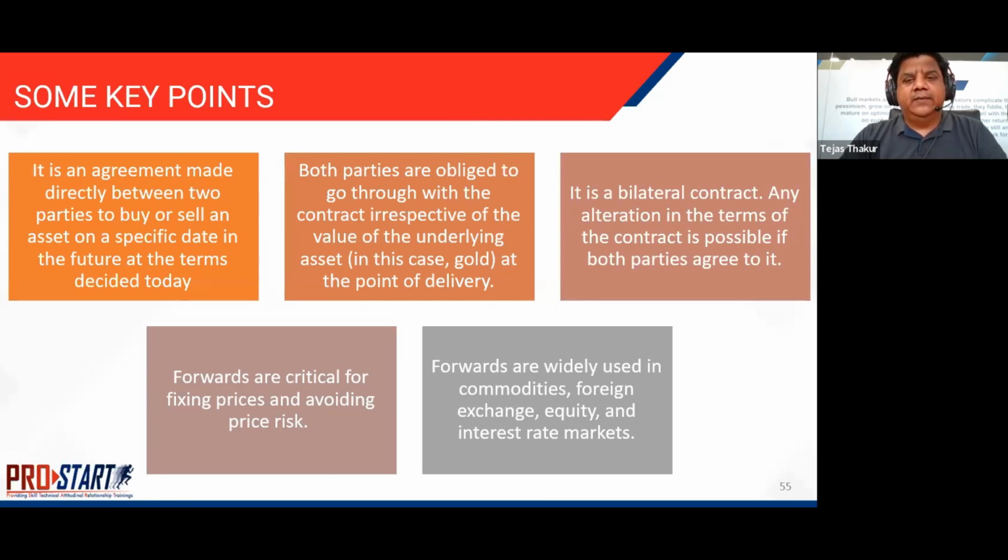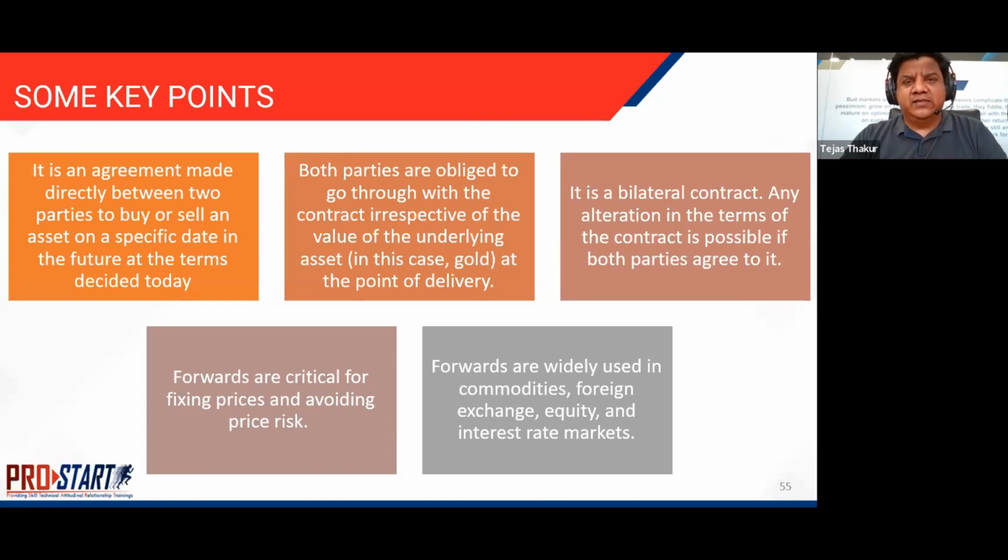Typically we see that in commodities, foreign exchange, equity and interest rate markets, forward contracts are used. Even in agriculture, typically between the farmer and the wholesaler, or the farmer and somebody who's going to use that farm produce as a raw material, forward contracts are used.